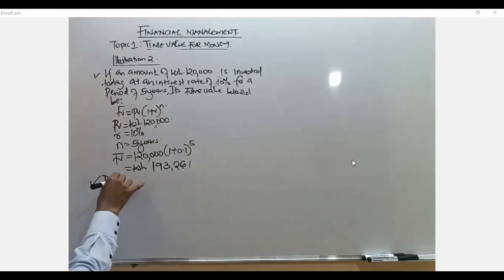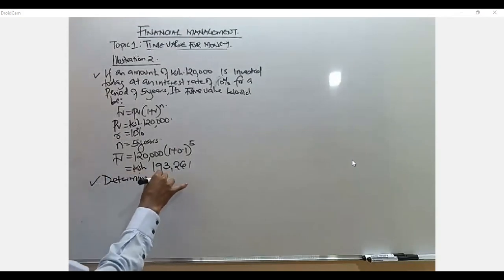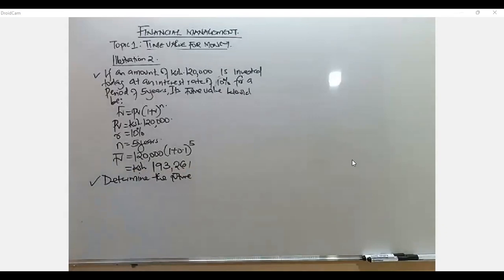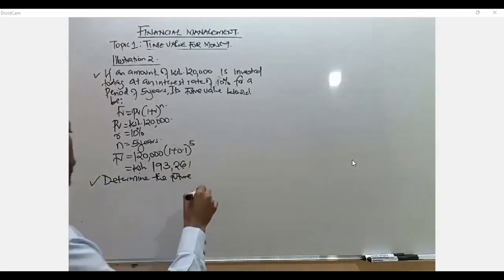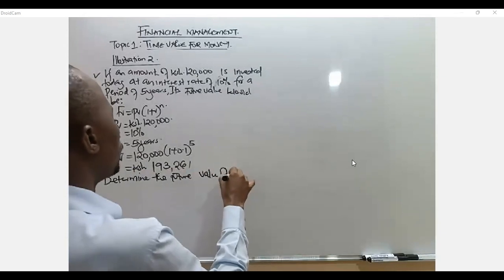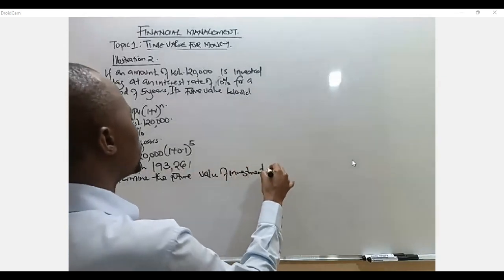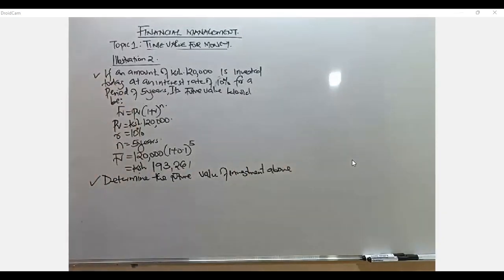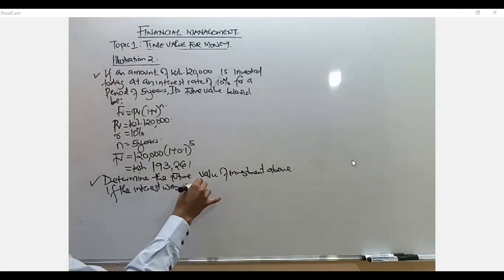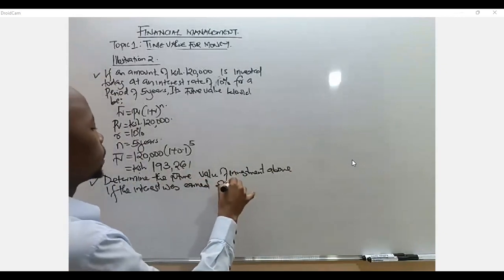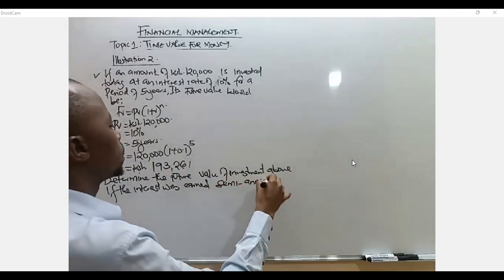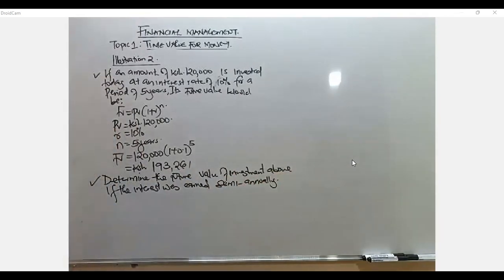Because there are problems in which I see the examiner normally brings, determine the future value of the investment above if the interest was earned semi-annually. So how am I going to be working with this?